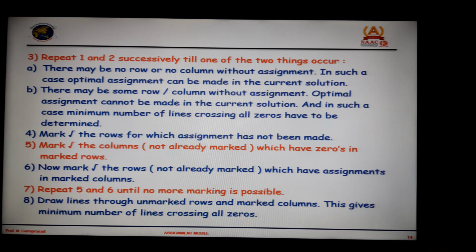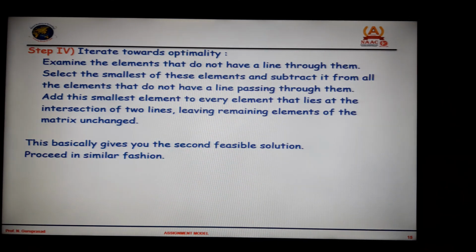My sincere suggestion is that as I make an attempt to solve the problems over a period of time, you keep the PDF version of this step-by-step approach of the Hungarian method with you, so that when we are trying to solve the problem, things will become much easier for all of you.